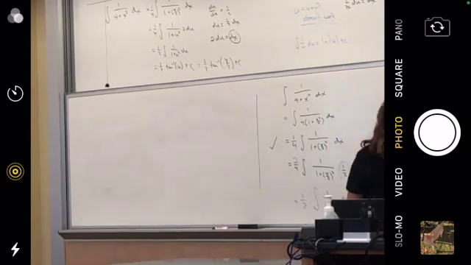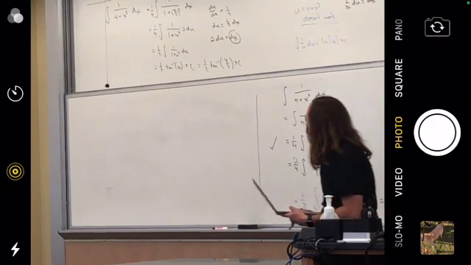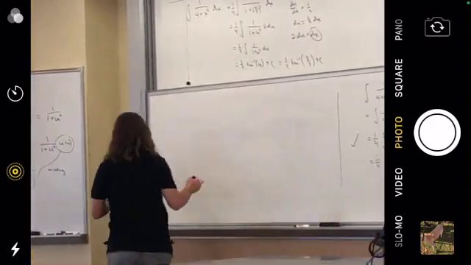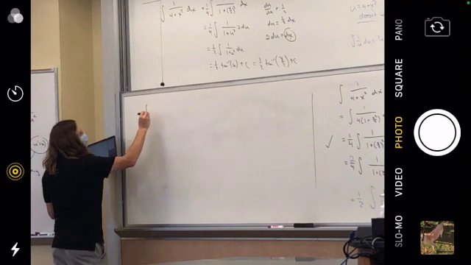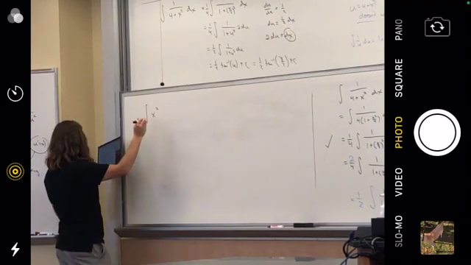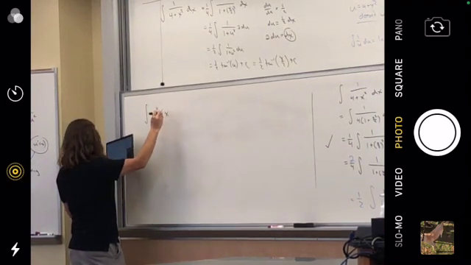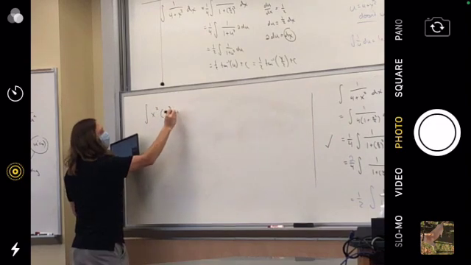Alright, one that's a little more straightforward. What can one find the indefinite integral of x squared times (x cubed plus 4) squared?